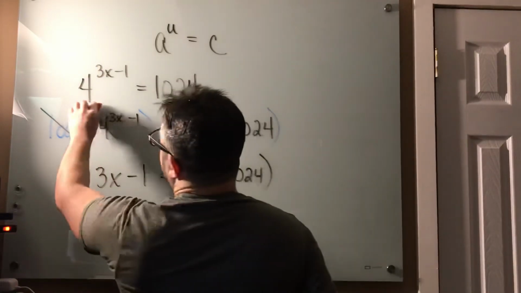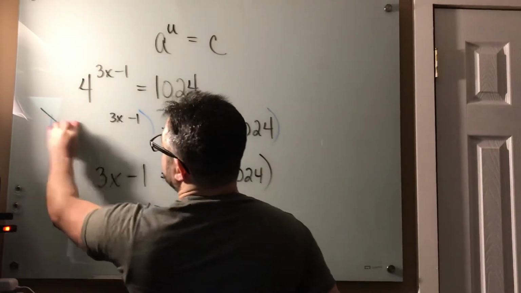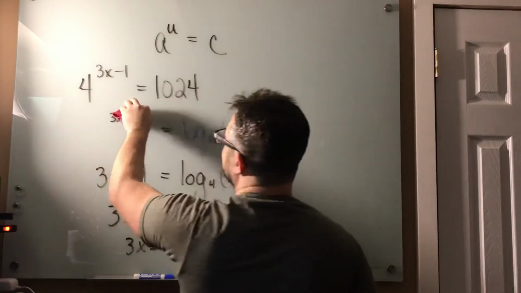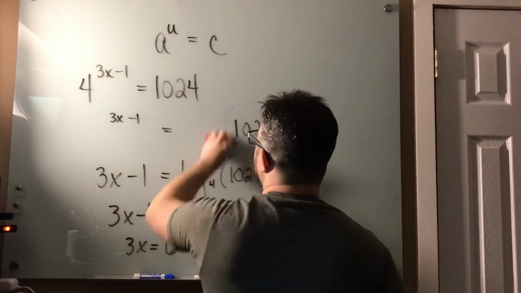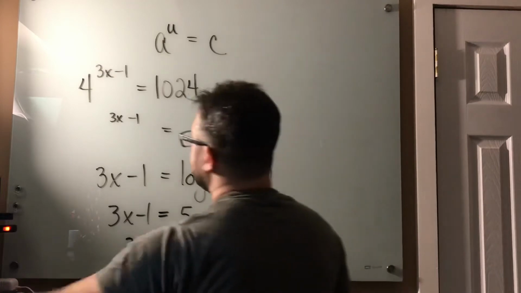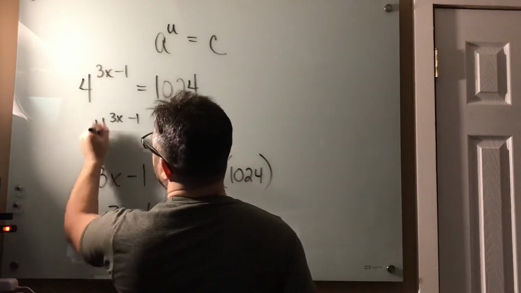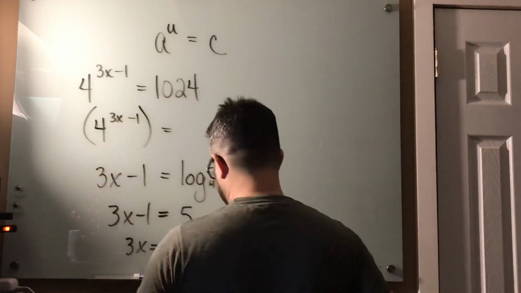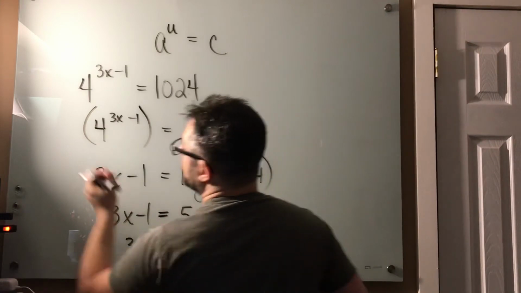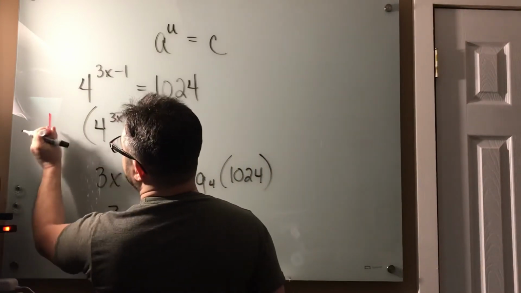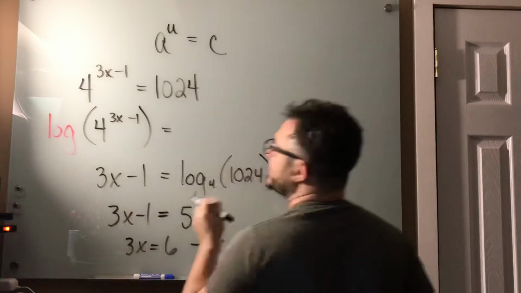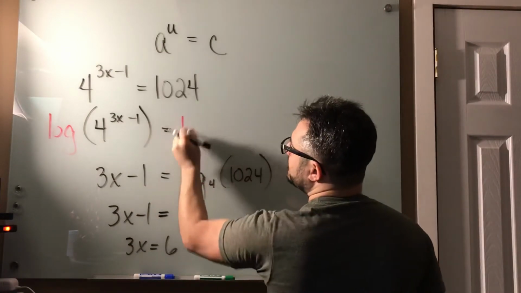Let's suppose instead of matching the base of the logarithm, I used the second method, which is to use the natural or the common logarithm. Again, it does not matter which you're using.